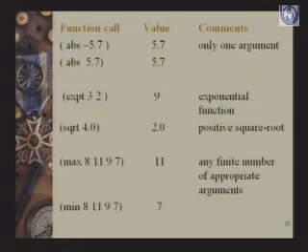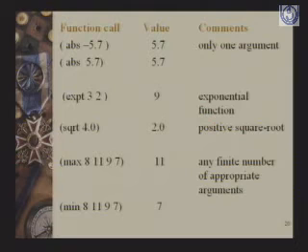So ABS of minus 5.7 will be equal to 5.7, and ABS of 5.7 will be equal to 5.7. As I just mentioned, ABS just returns the value after removing the minus sign if it is present, and if there is no minus sign, then the value is as it is given in the argument.